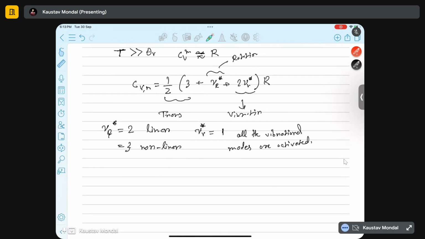And next, we checked whether the temperature is high enough compared to the characteristic vibrational temperature. We first calculate the characteristic vibrational temperature for each independent mode of vibration, and we check whether the experimental temperature is much higher than that characteristic temperature, in order to know whether all the vibrational modes are activated or not. If that is the case, where all vibrational modes are activated, we took the nu v star value equal to 1.